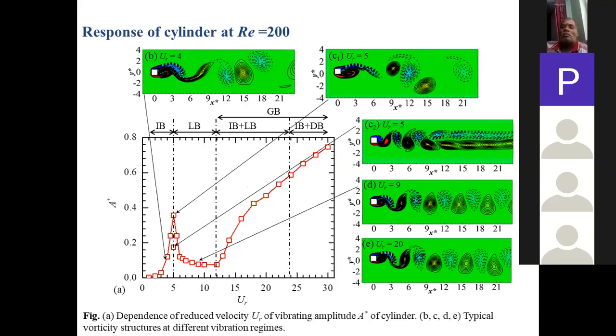For reduced velocity 12 to 24, I have not shown the corresponding amplitude and signals. They are basically a combination of small and large frequency curves. If you filter those, we get the combination of these two, initial and lower branch. That's why we have classified this galloping branch as a combination of initial and lower, and initial and desynchronization, in these two different regions.